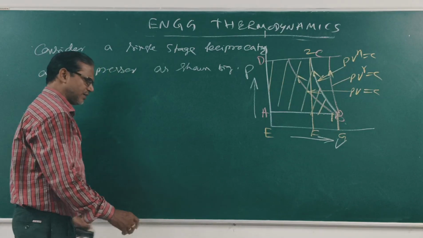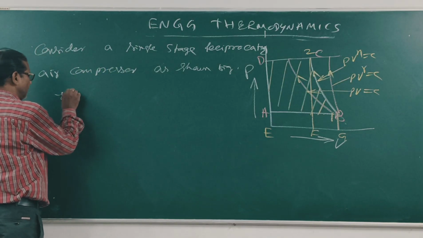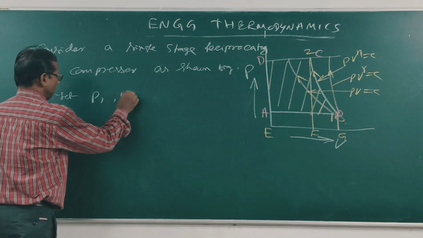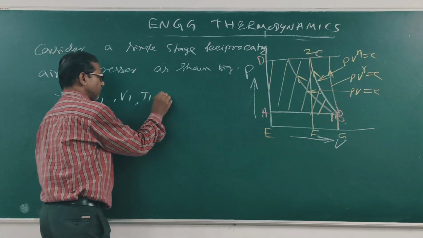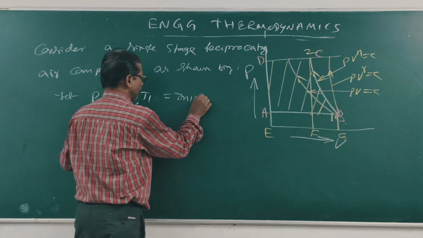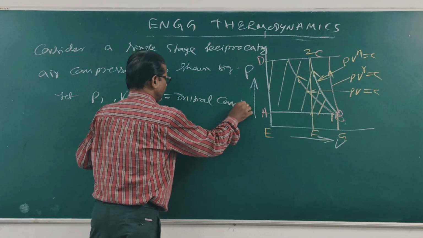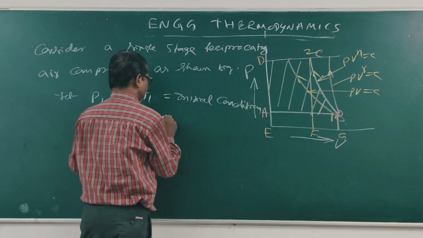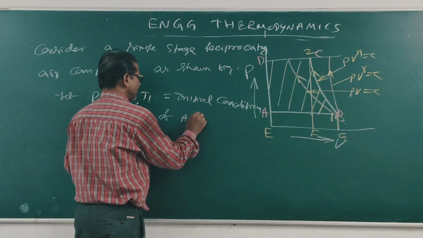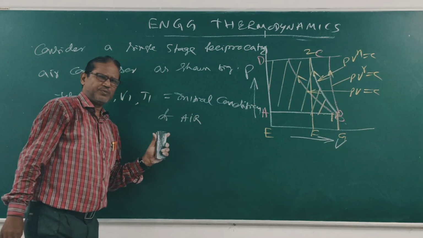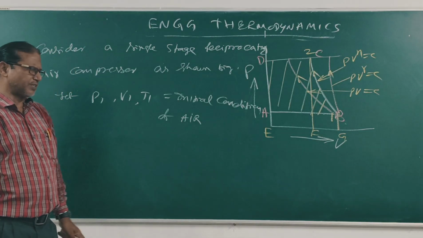Let P1, V1, T1 be the initial condition of air, means initial pressure, initial volume, initial temperature. Clear?